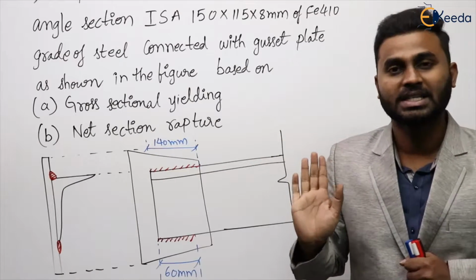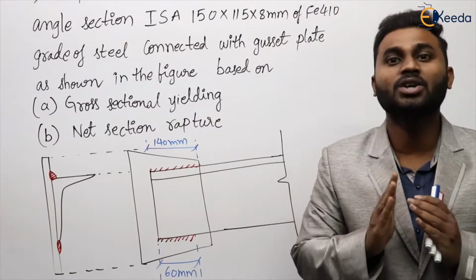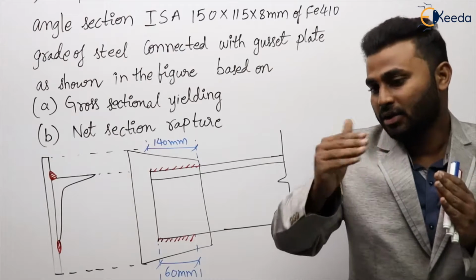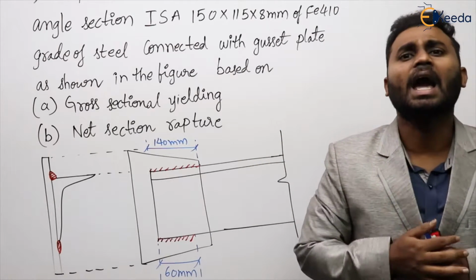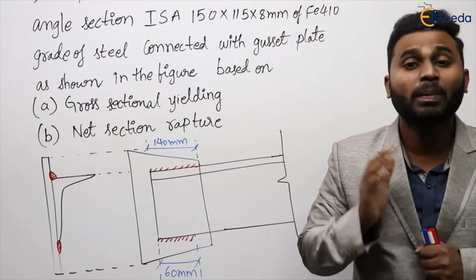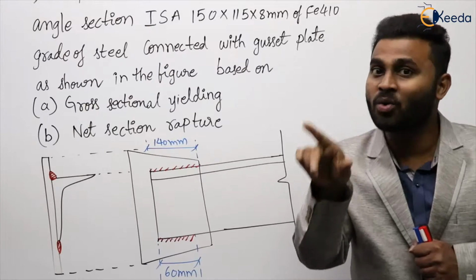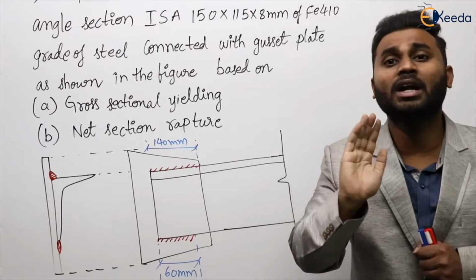How to calculate? Rolled steel sections have rounded edges. So by using the usual calculation, width into thickness, we are not going to get the exact area. An angle is nothing but an L section, but the edges of that angular L section are rounded. So direct computation will not give the exact area.